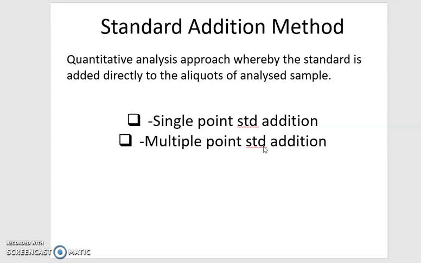For the quantification using single point standard addition, basically the measurement is based on one standard solution, while in multiple point standard addition, the quantification is based on a series of standard solutions, basically standard solutions that have been added with sample.